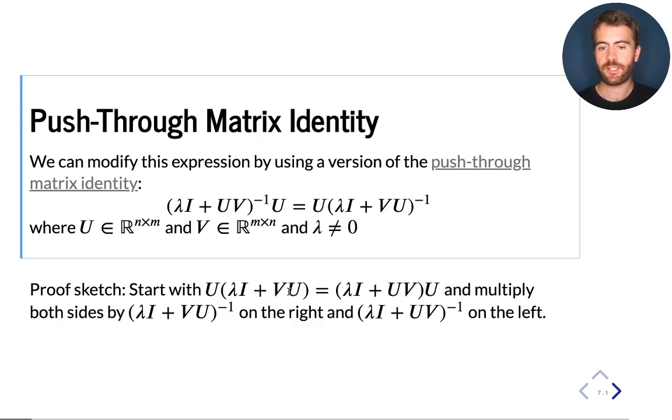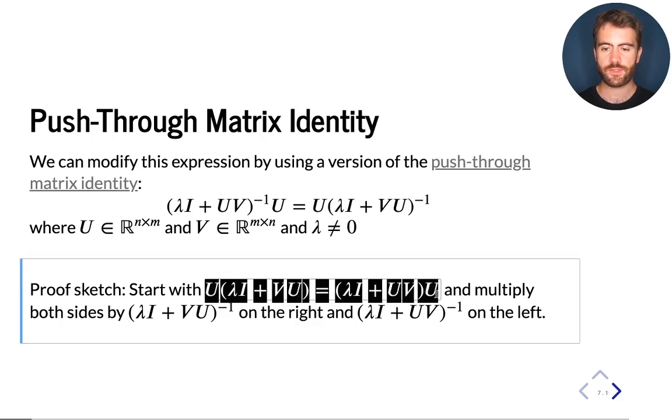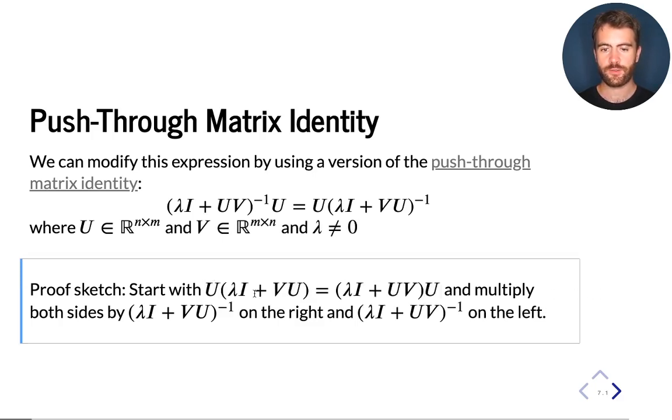But essentially, in order to convince yourself that this is true, you may start with the following identity, which is fairly straightforward. You can convince yourself that this is the same by just multiplying it out on both sides. So we have lambda U plus UVU on both sides. It gives us exactly the same expression. And now consider multiplying both sides by this matrix from the right and this matrix from the left.